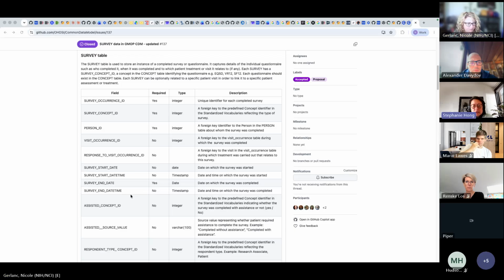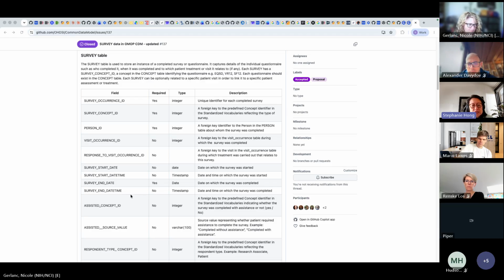So just want to clear my understanding. Nicole, the link to the spec still seems to be online? I'm sorry, say that, you both were talking. So I was saying the survey conduct table is a place to store the metadata about the survey, but the actual survey response is placed in the observation.